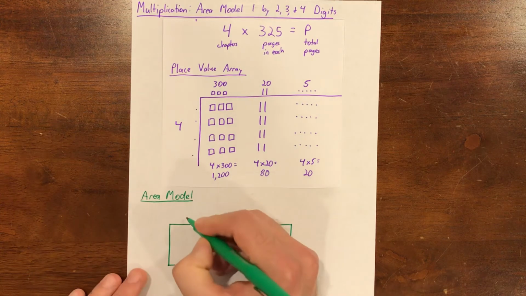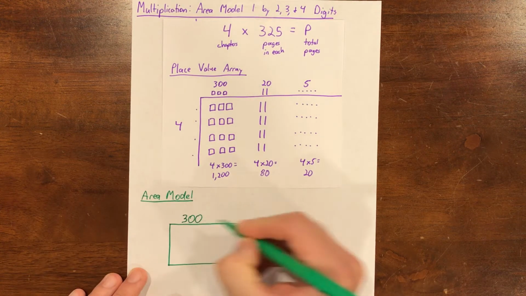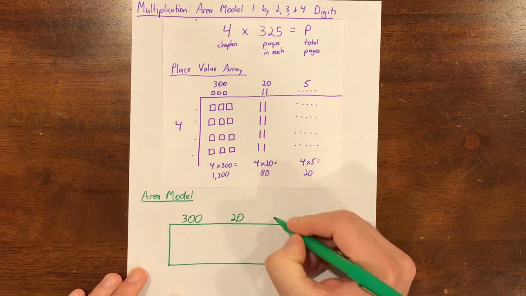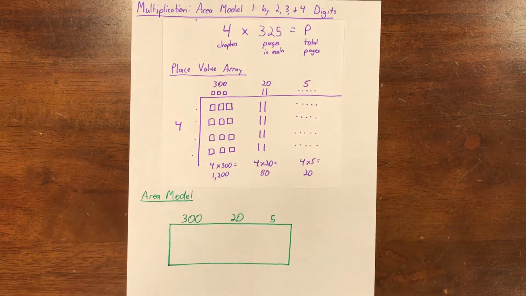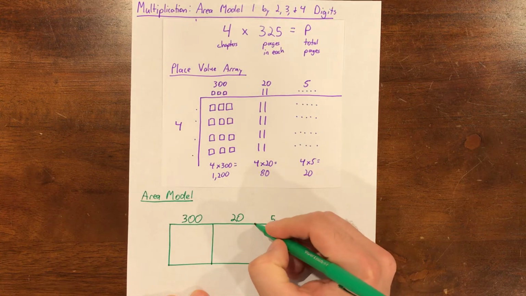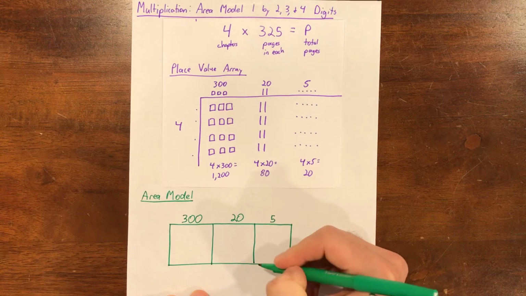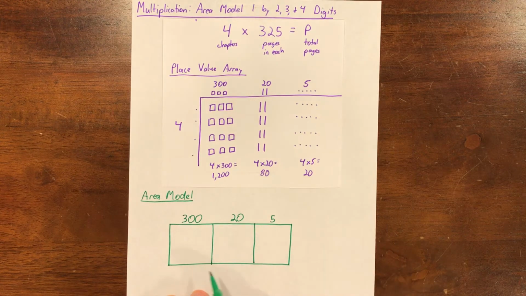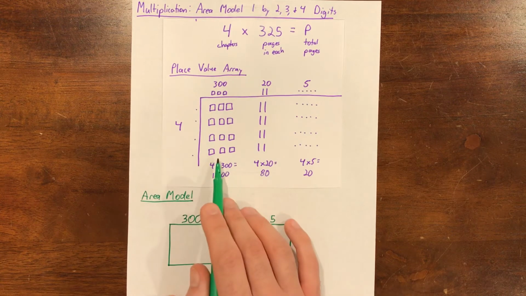Yeah, we could write 325 in expanded form as 300, 20, and 5. And we could use these place values to actually divide our rectangle into 3 smaller rectangles. We find the area of each of these and add our partial products, just like we did up here with our place value array.